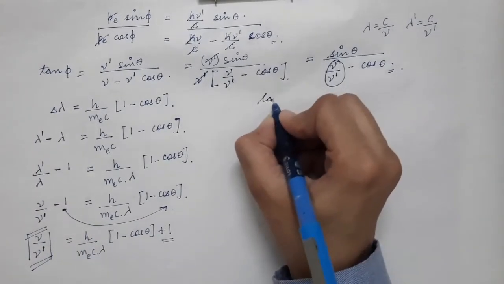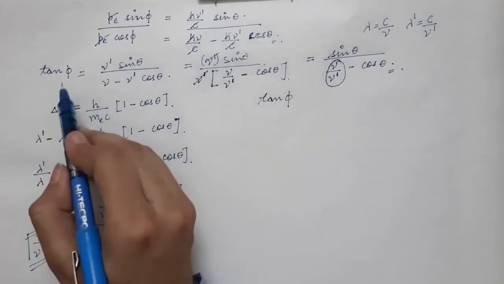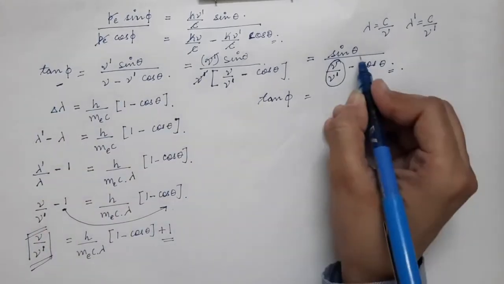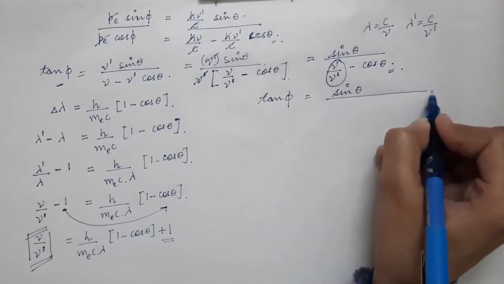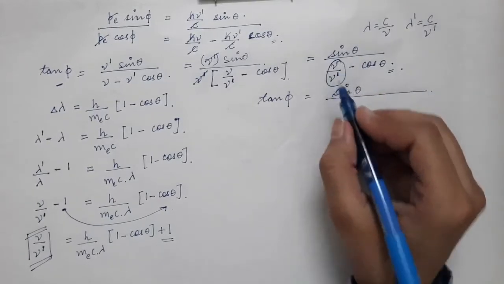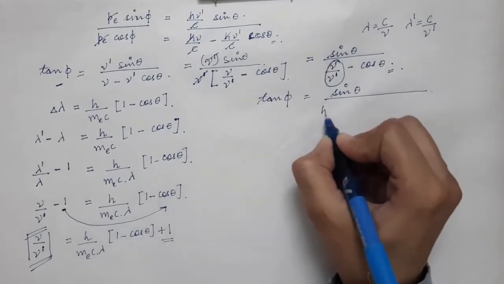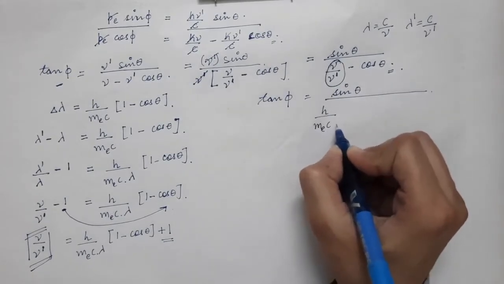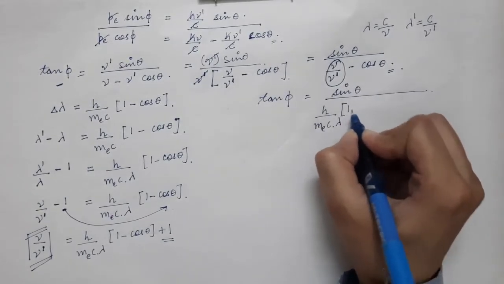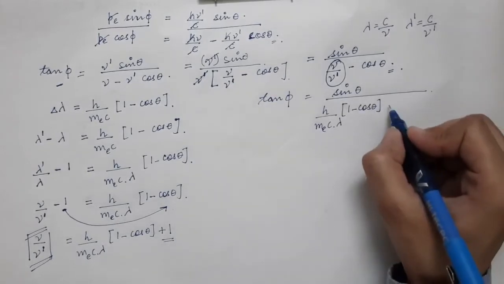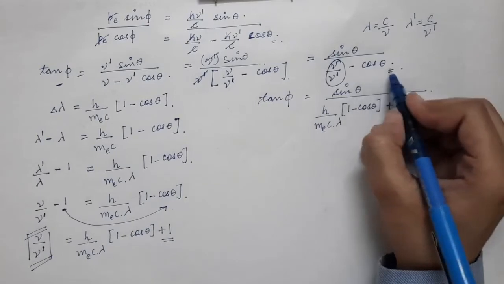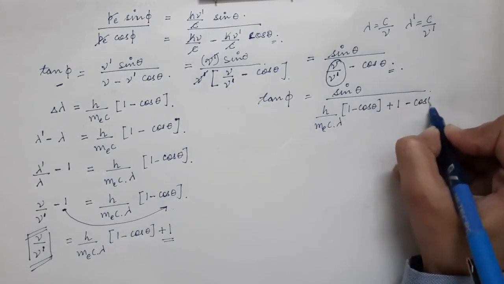So tan of phi will be equal to sine of theta divided by nu by nu prime minus cos of theta. What is nu by nu prime? It is equal to h by mec into lambda into 1 minus cos of theta plus 1. So plus 1 minus cos of theta as it is.